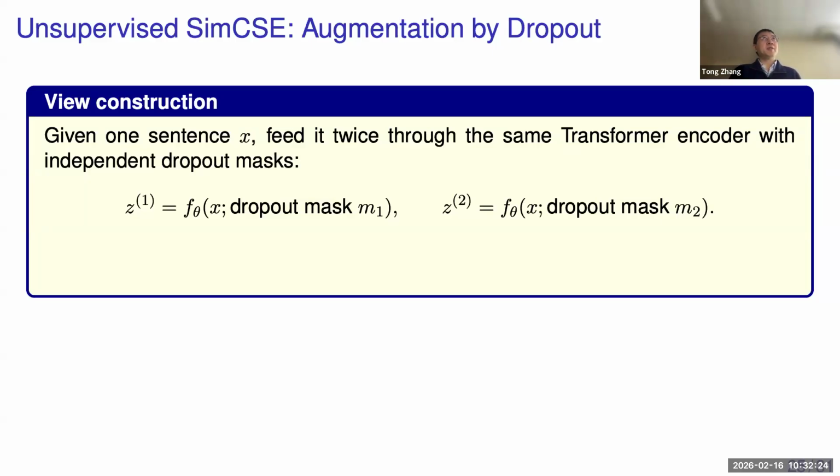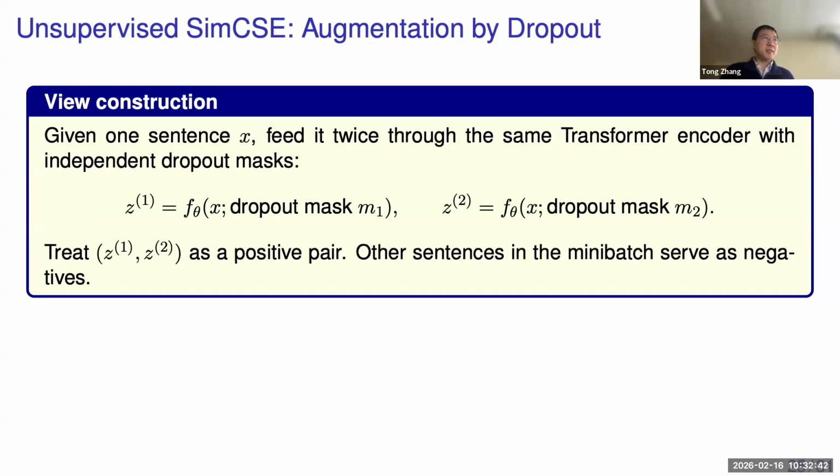They should be similar, since dropout hopefully doesn't change the meaning, although there is some perturbation. The claim that this is sufficient is interesting. You have to test it, right? You cannot just have this idea without testing.